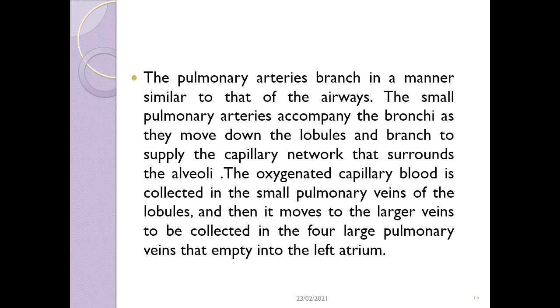So the oxygenated blood will pass through these large pulmonary veins and will reach the heart through the left atrium of the heart.